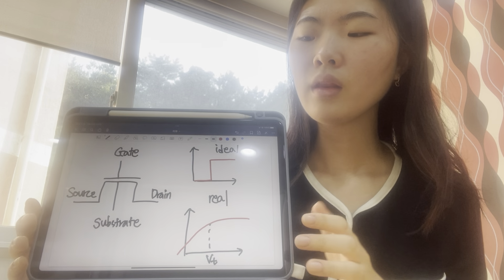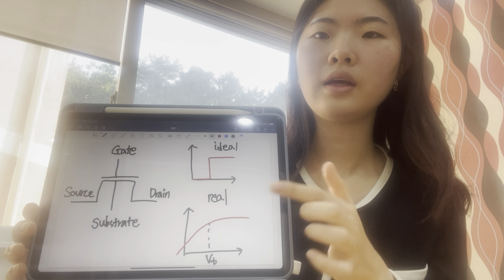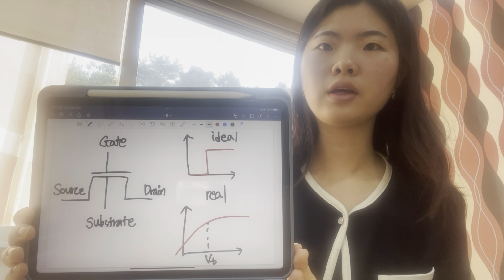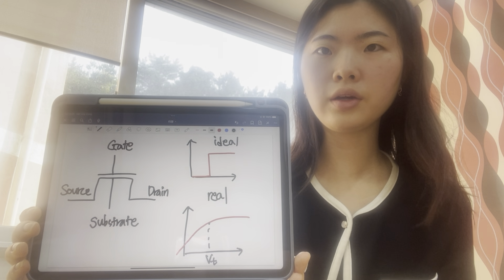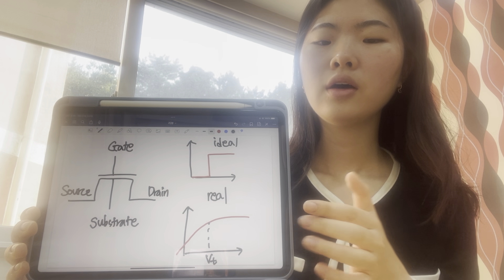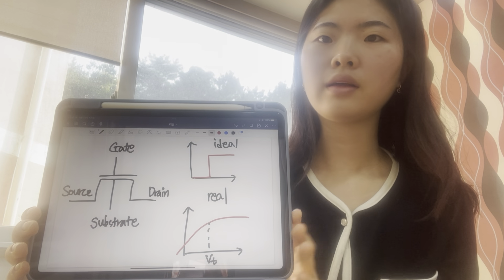Before the threshold voltage, the current will flow linearly, and then after the threshold voltage, the current will flow like this, like saturation.